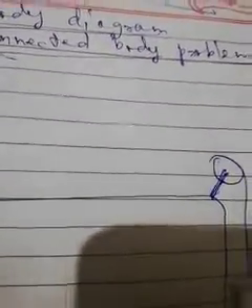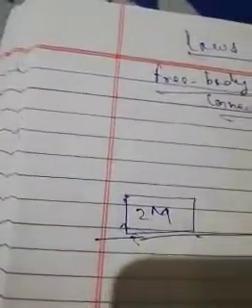A body of small mass m is hanging. This is actually pulley A, and at the same time another body of mass 2m is placed on the table.